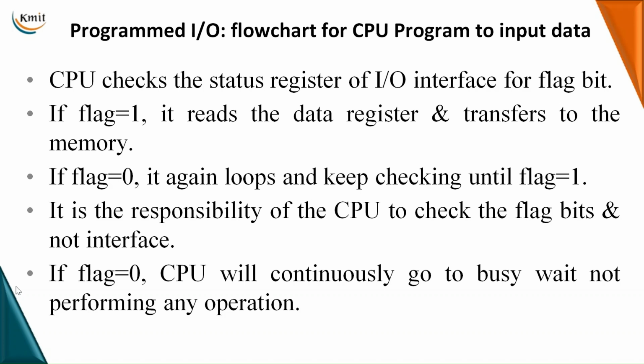The interface unit just places the data into the data register and is not bothered about whether the CPU will read it or not. It is the responsibility of the CPU to keep checking the status of the corresponding interface and then read the data from the corresponding register. If the flag bit is 0, the CPU goes into a busy wait, not performing any type of operation.